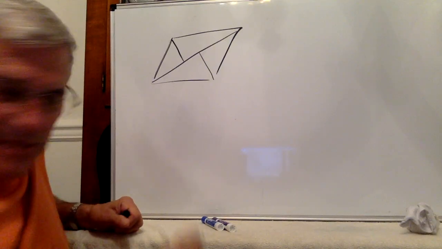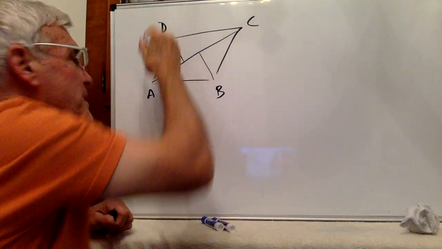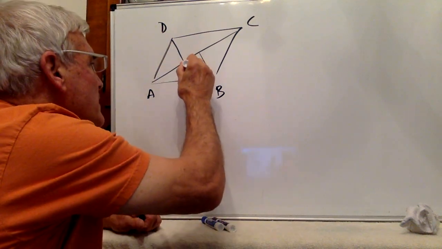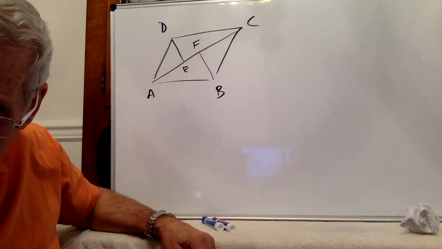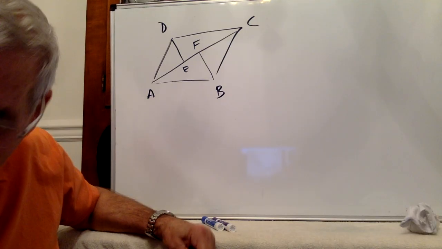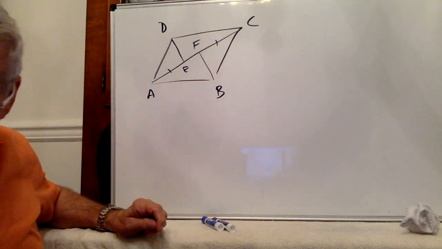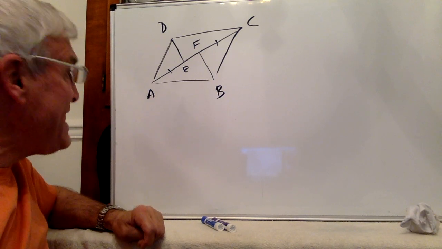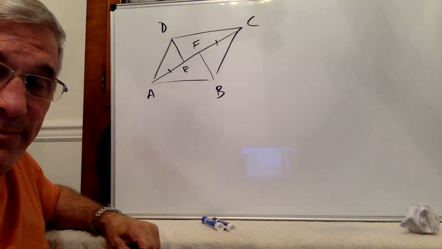This was A, B, C, D, and E and F. They gave you that this was a parallelogram with AE congruent to CF, and they wanted you to prove that DE is congruent to EB, or excuse me, FB.